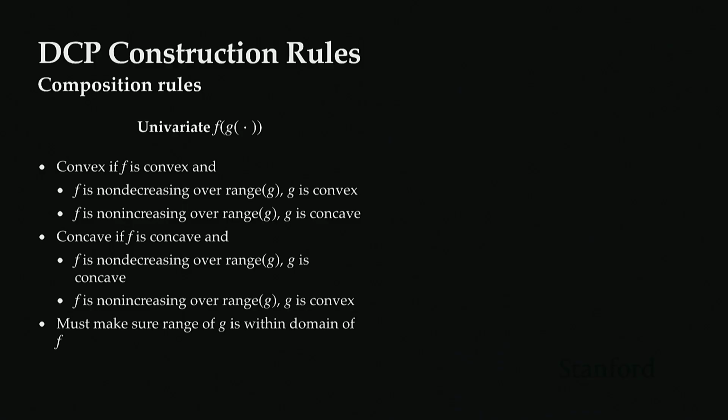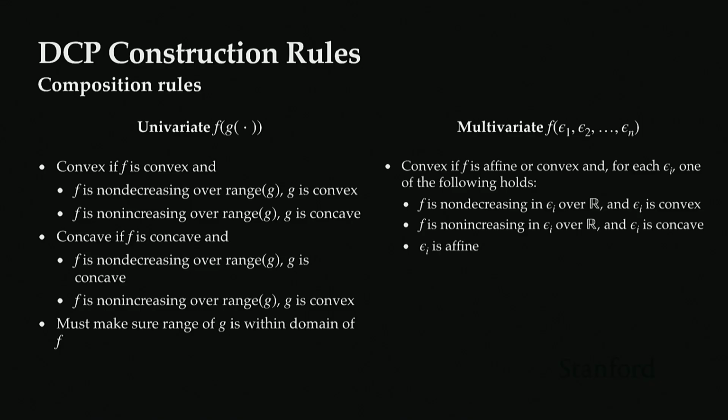Okay. So that was univariate. Moving on to multivariate, so functions that now take in multiple values. We have a similar set of rules, but now one of these rules has to hold true for every variable in the expression.